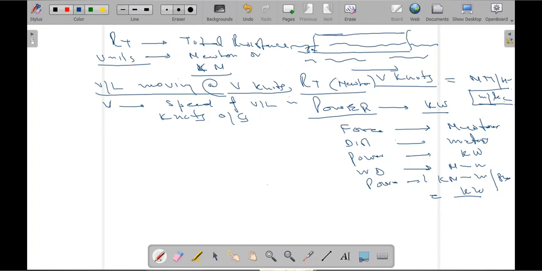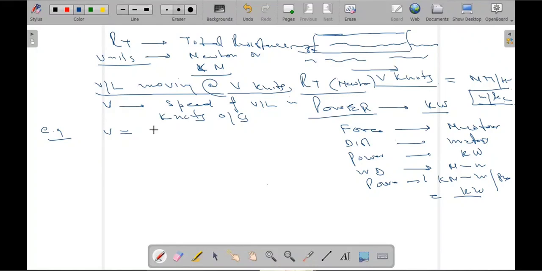So anywhere we use V, you must interpret it like this one. Okay. So now, if the vessel is moving with V knots, and the resistance, which is RT, so let us say V is, for example, this is example.